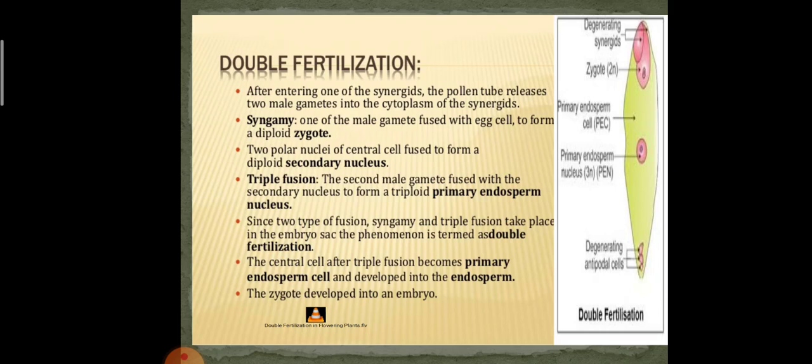In angiospermic plants, after syngamy, double fertilization is carried out. One of the male gametes fuses to the egg cell to form syngamy, and another male gamete fuses to the polar nuclei, the central cell or secondary nucleus, which is known as triple fusion or double fertilization.